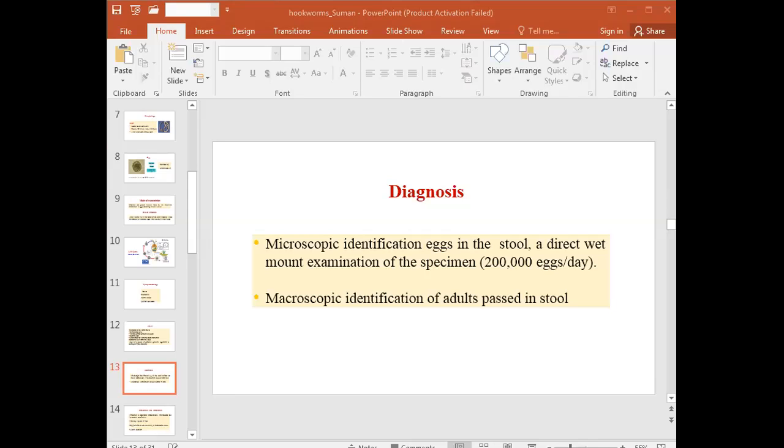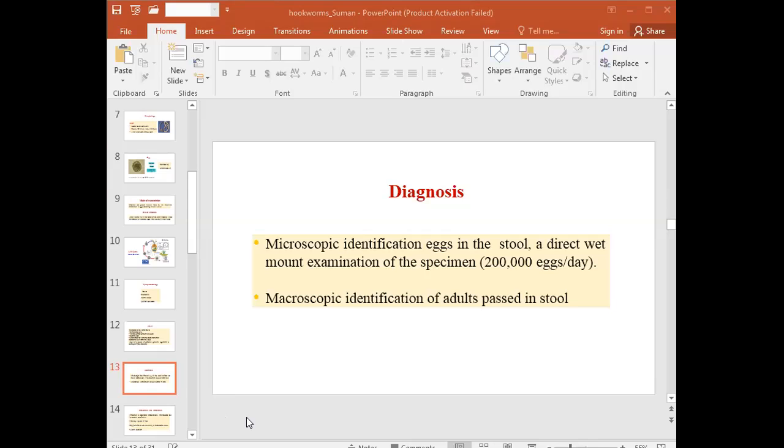The stool sample should be mixed with normal saline, then centrifuged. From the processed stool we can go for wet mounting, and under the microscope you can check whether the eggs of Ascaris are present or not.